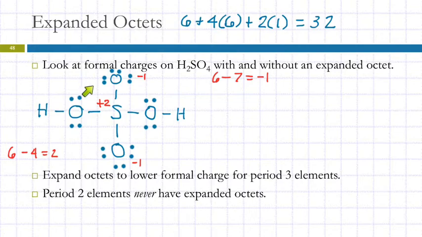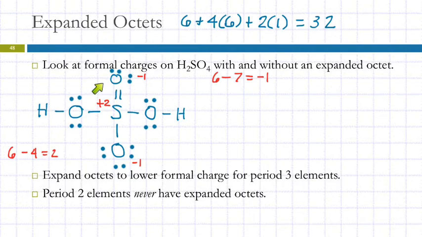So what if we take one of these pairs and share it with sulfur? We'll make it into a double bond with sulfur. And this should seem like a good idea because now the oxygen has 2 bonds, and that's what oxygen likes to do.